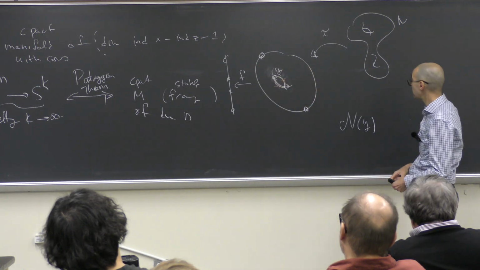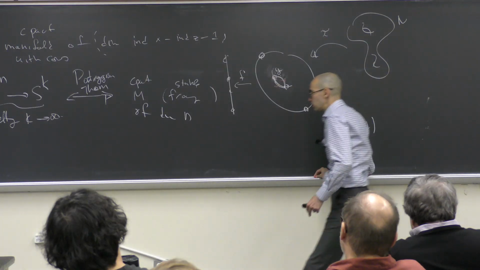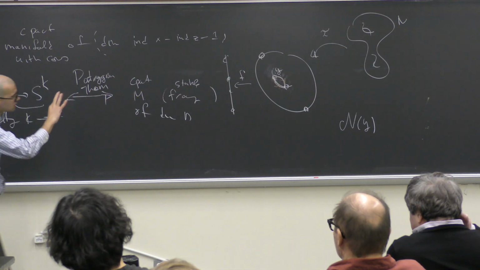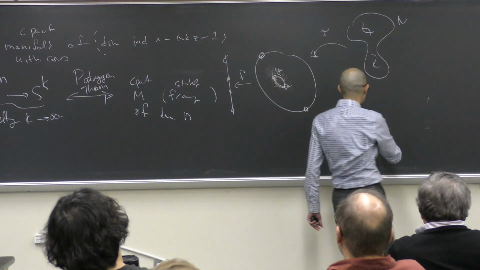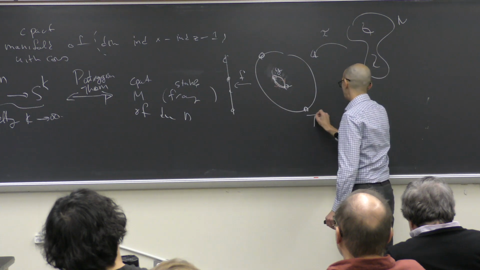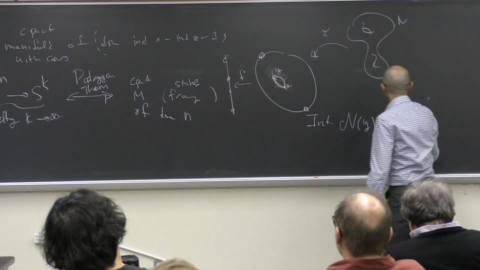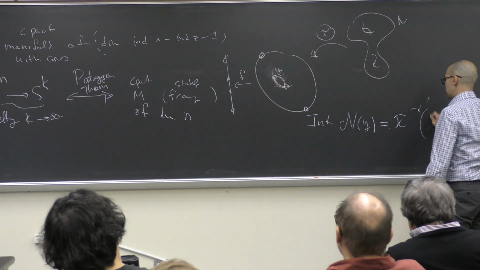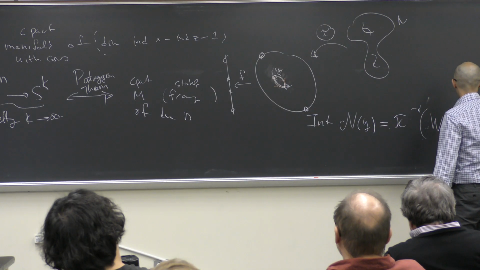And then you take the fiber product, which means you take basically the inverse image. But there's some compactification going on. So the interior of this is pi inverse, where pi is this projection map, of the unstable manifold.